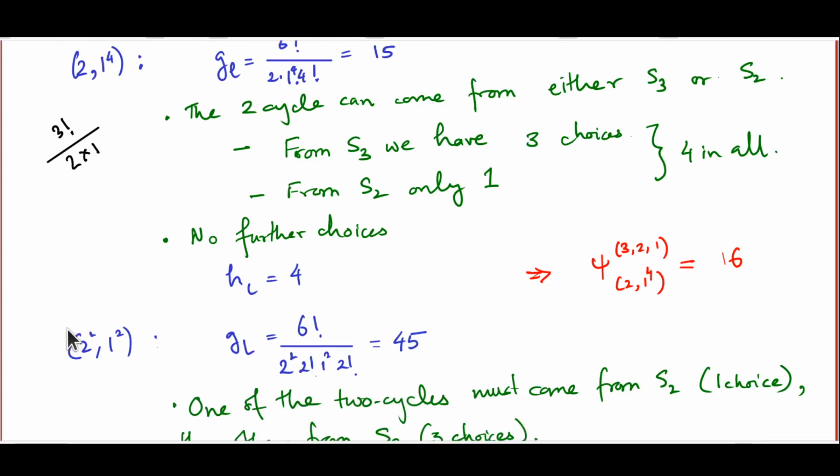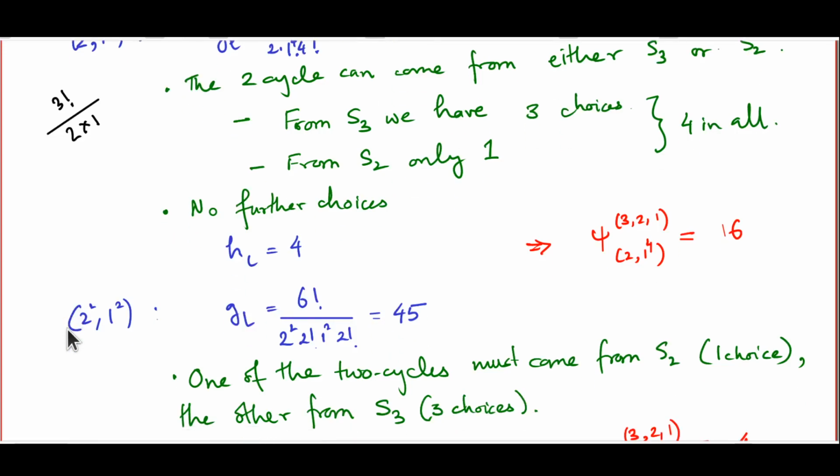Now one of these 2-cycles must come from S2 and the other one must come from S3. Here there are no other choices. Of course this means S2 must have the 2-cycle alone and S3 must have one 2-cycle, one 1-cycle. We have already seen that in the case of S2 there is precisely 1 permutation with one 2-cycle, whereas in S3 there are exactly 3 permutations with one 2-cycle and one 1-cycle.